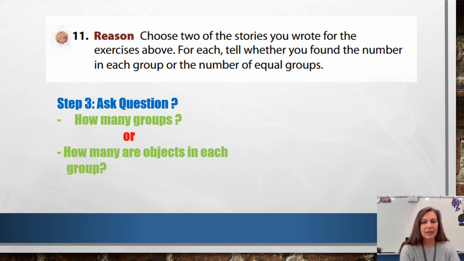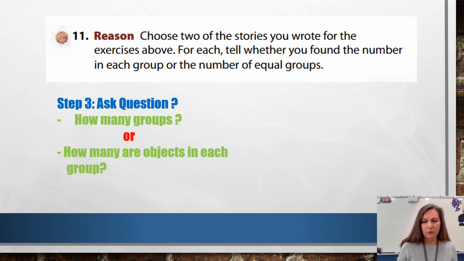So now we're going to take a look at doing our assignment. Our assignment is going to be our practice book. I'm going to change our camera.